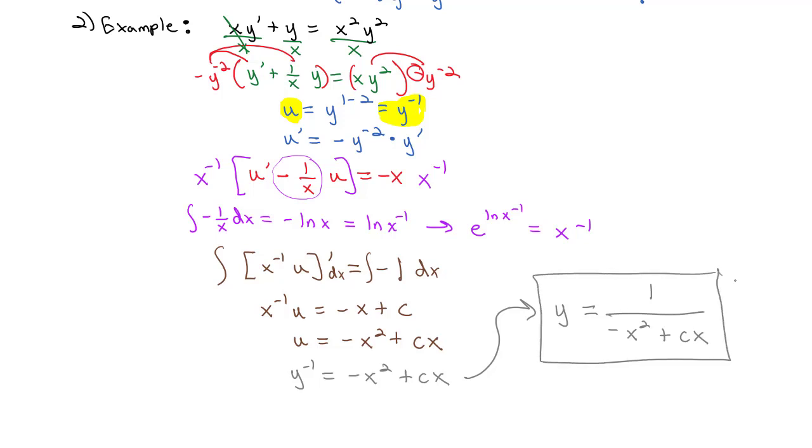And we've now solved our Bernoulli equation by making the substitution that u is equal to y to the 1 minus n. This little trick will always change your Bernoulli equations into a linear equation, which we already know how to solve.